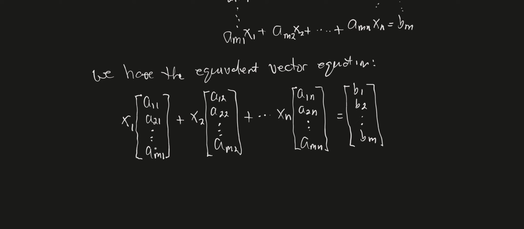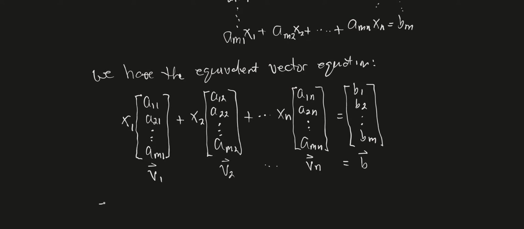M-dimensional Euclidean space. I'm going to call this column V1. I'm going to call this column V2, dot, dot, dot. This is going to be Vn, and then this I'm just going to call B. But now again, I'm going to use that vector notation.